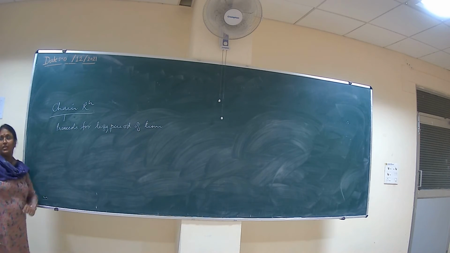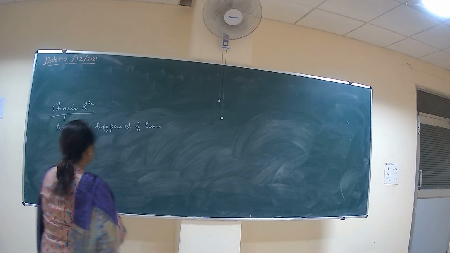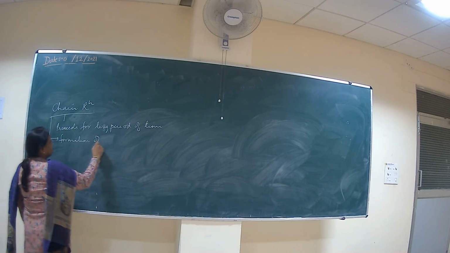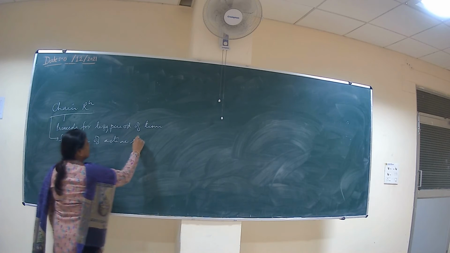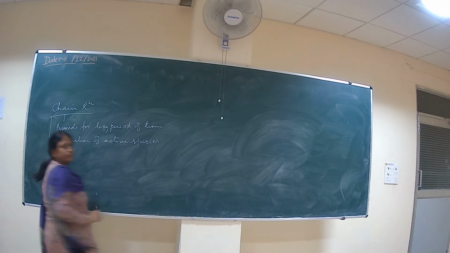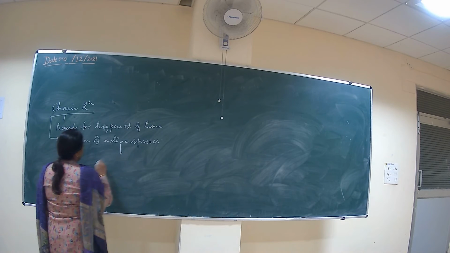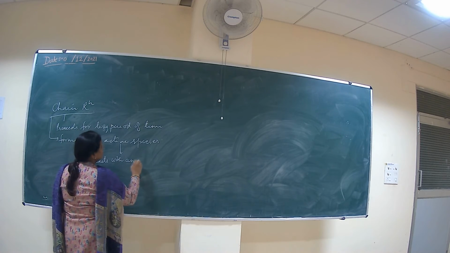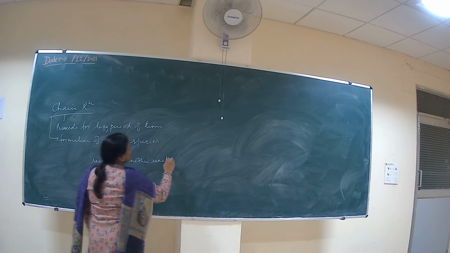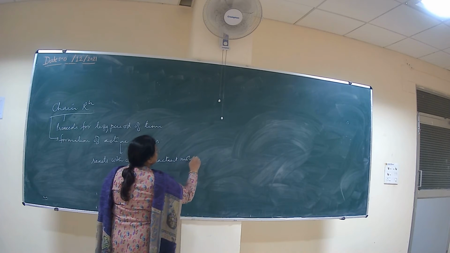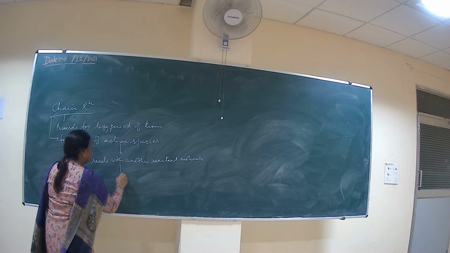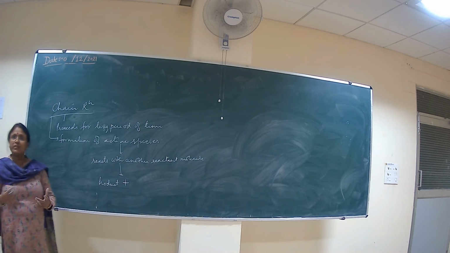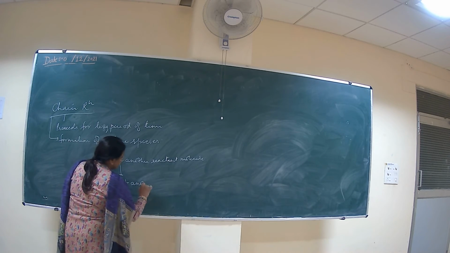Now in the chain reaction there is a formation of an active species. So in this case the formation of active species, and this active species reacts with another reactant molecule, and it forms a product plus active species, ठीक है, product plus another active species.